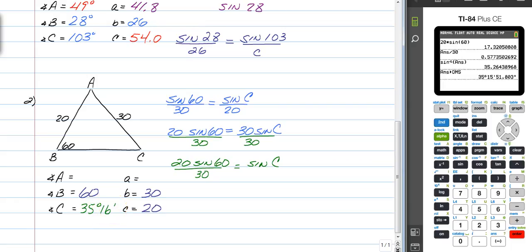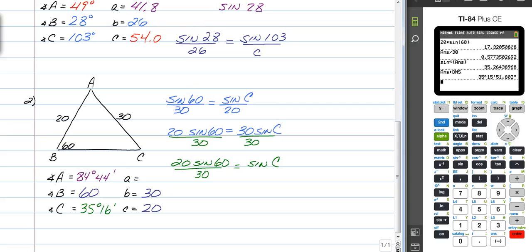Now, of course, to find angle A, it's easy. Now that we have two angles, we just subtract both of them from 180 degrees, and that will tell us that angle A is 84 degrees and 44 minutes. So now all we have to do is go and find the length of side a.